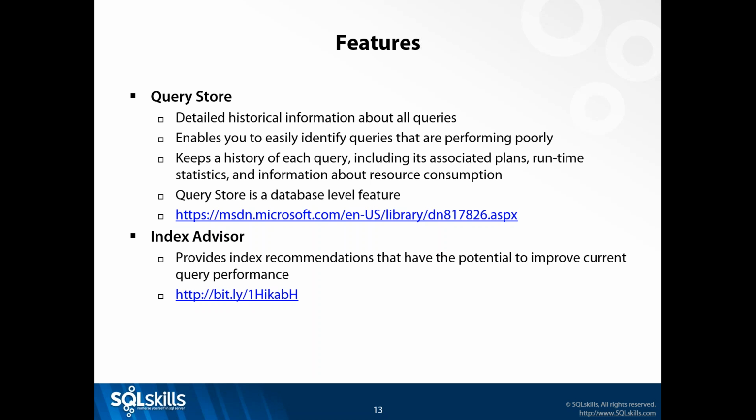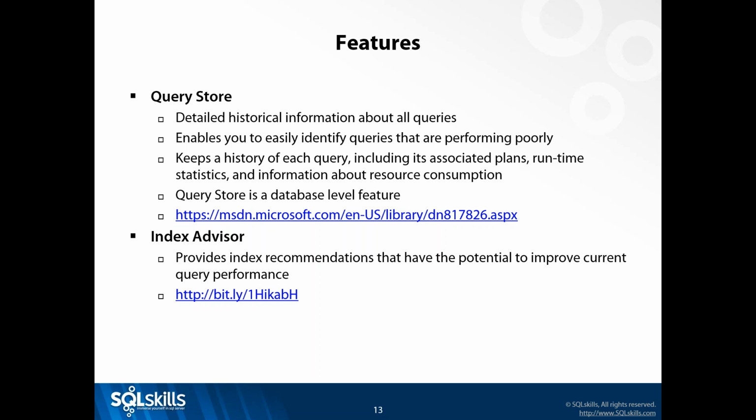But it is that black box recorder, so it provides you that detailed historical information about all the queries. So this enables us to quickly identify queries that are performing poorly. By this keeping history of each query, including its associated plans, the runtime statistics, information about resource consumption, we can see when queries are choosing different execution plans or when something was modified that caused them to turn sideways or to just become awful.